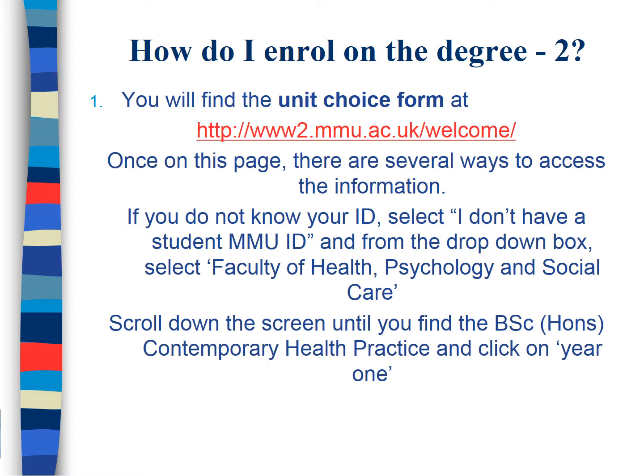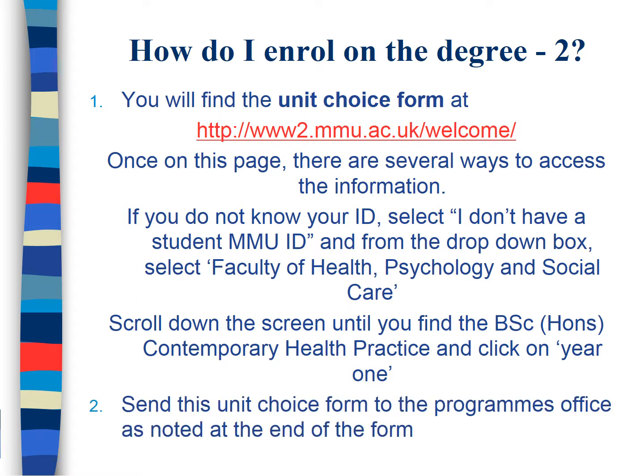Scroll down the screen until you find the BSc Honours Contemporary Health Practice and click on Year 1. Once downloaded and completed, send this unit choice form to the Programmes Office as noted at the end of the form.